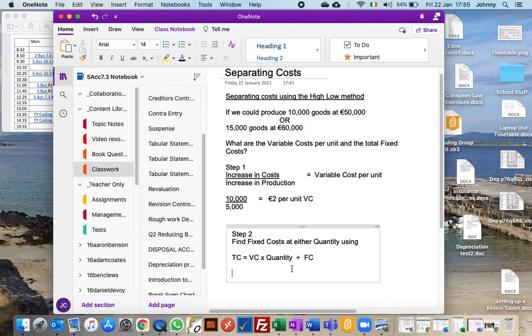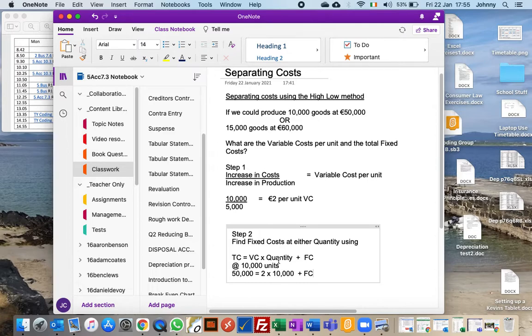So what we do is choose either level of production. We've got two levels of production here, and we can choose either one. Let's say at 10,000 units. We're going to use the numbers that were given at 10,000 units. The total cost at 10,000 units is €50,000. So €50,000 equals the variable cost, which is 2, we worked that out already, multiplied by the quantity, which is 10,000 units, and then we add on the fixed cost.